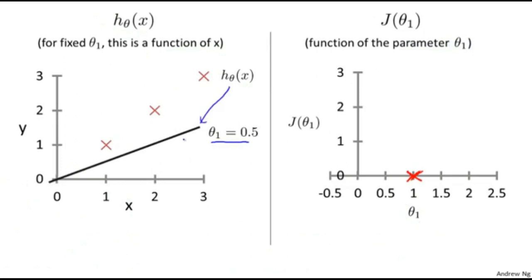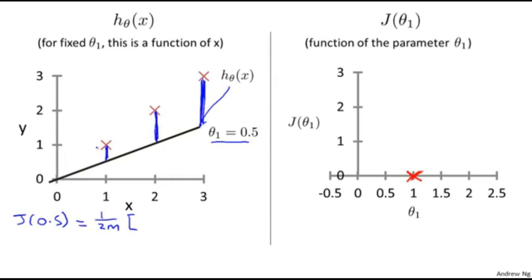It's a line with slope equal to 0.5, and let's compute J of 0.5. That is going to be 1 over 2m of my usual cost function. It turns out that the cost function is going to be the sum of squared values of the height of this line plus the sum of squared of the height of that line plus the sum of squared of the height of that line, right?